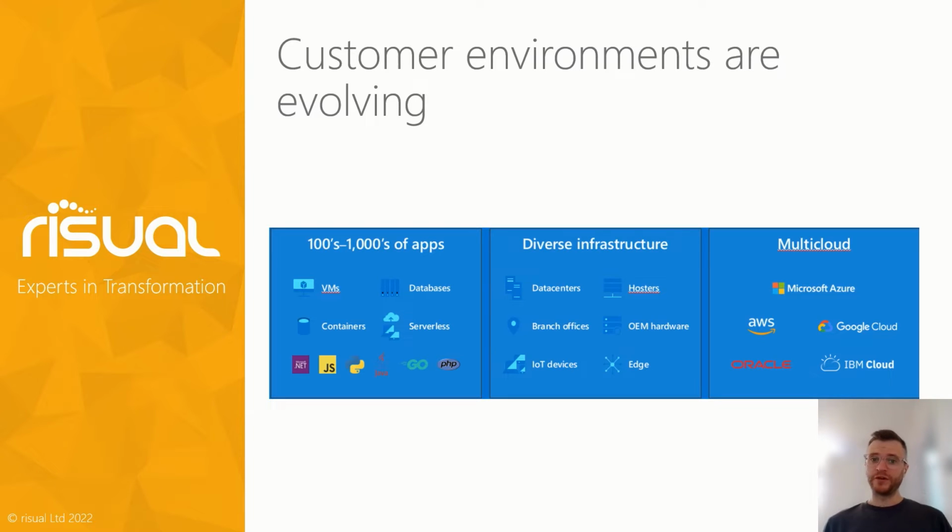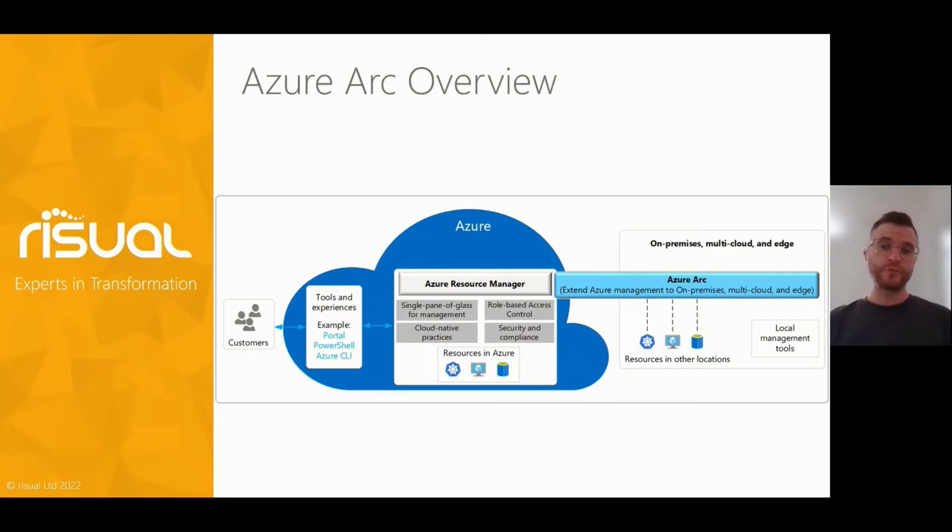Azure has been designed with hybrid in mind from the beginning to help you meet these challenges. To support this momentum, Azure offers unique hybrid and multi-cloud capabilities that give you the flexibility to innovate anywhere in your environment. It starts with Azure Arc.